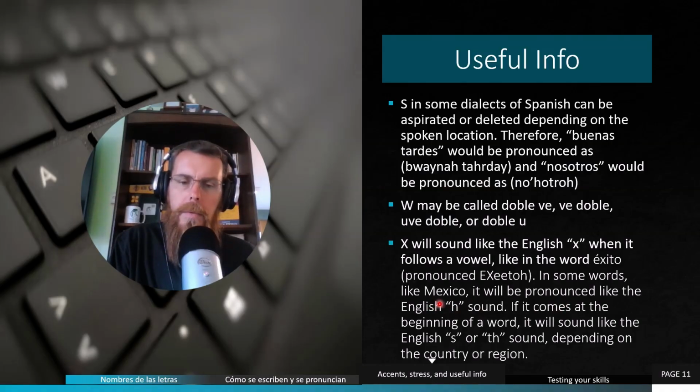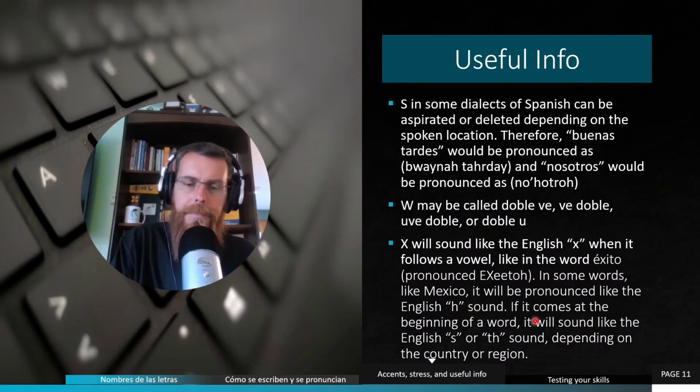A lot of the names in Mexico come from the indigenous people that live there, and México is no exception. So México comes from Aztec, and that's why it's pronounced with an H sound. You might see it with a J, Méjico, and some people will write it with a J. And if X comes at the beginning of the word, it will sound like an S or possibly a TH, as in xilófono.